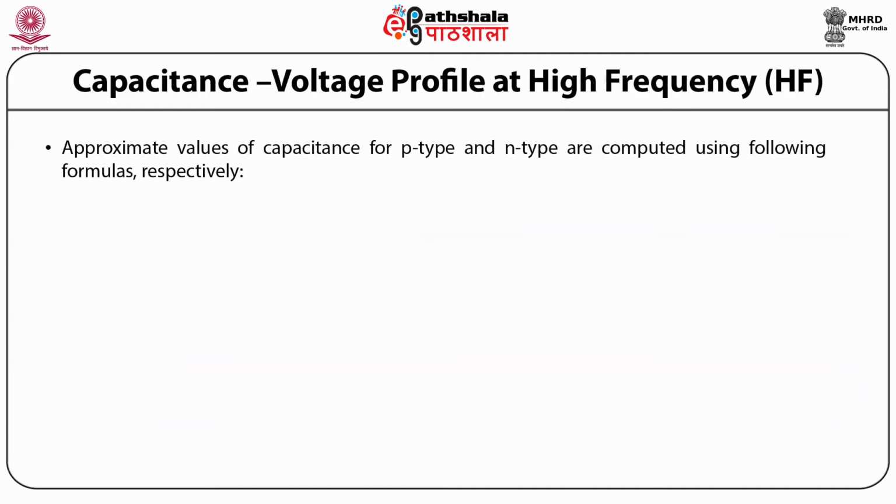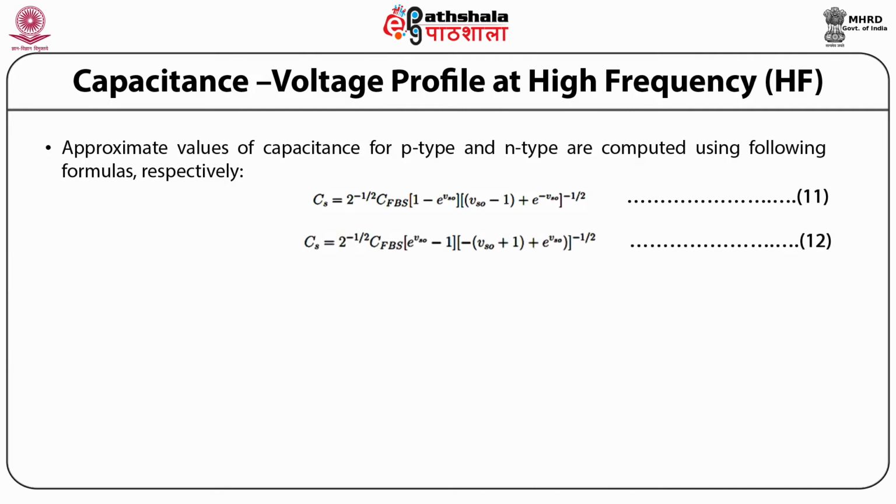The approximate values of capacitance for p-type and n-type are computed using the following formulas respectively. Cs is equal to 1 by square root of 2 into CFBS into within the brackets 1 minus e raised to power VSO into, within the brackets, VSO minus 1 plus e raised to power minus VSO, brackets close, raised to power minus 1 by 2.